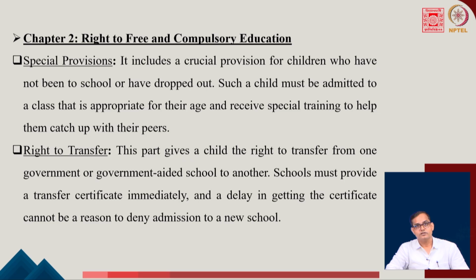Right to transfer. This part gives a child the right to transfer from one government or government aided school to another school. Schools must provide a transfer certificate immediately, and a delay in getting the certificate cannot be a reason to deny admission to a new school.